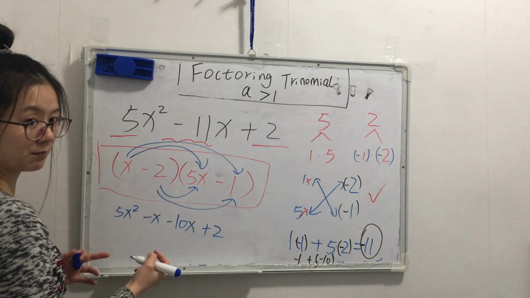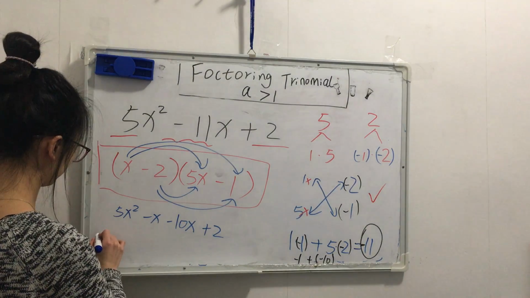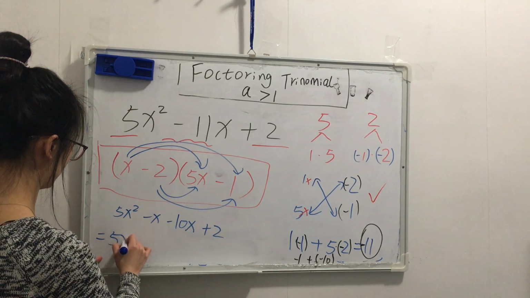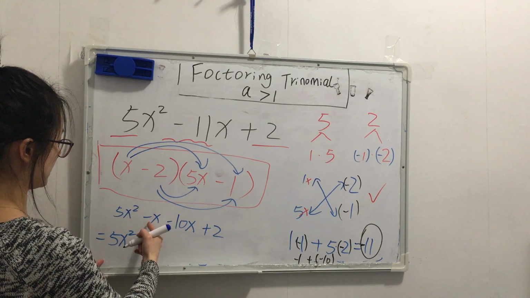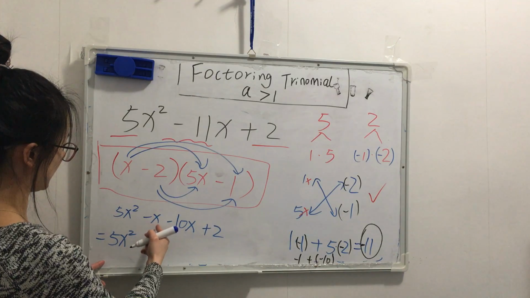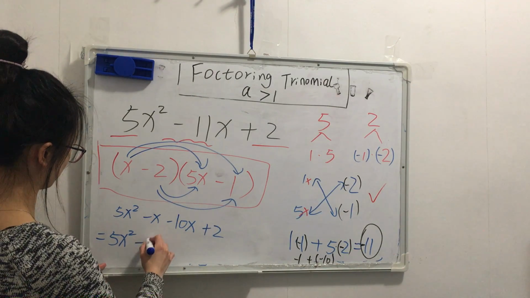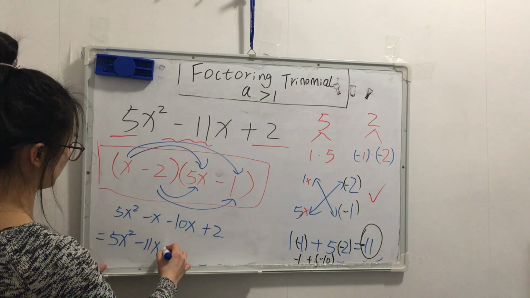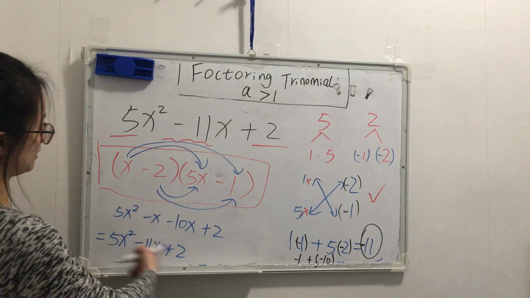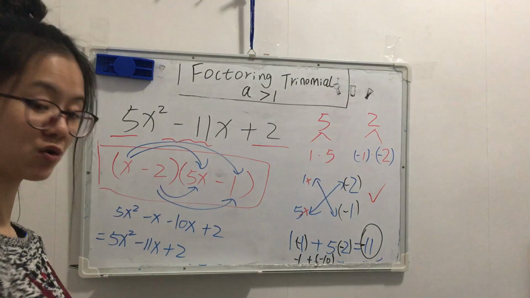Because negative, negative, positive. And then 5x squared minus x minus 10x, which is minus 11x, and plus 2. See, it's exactly the same as the original one.